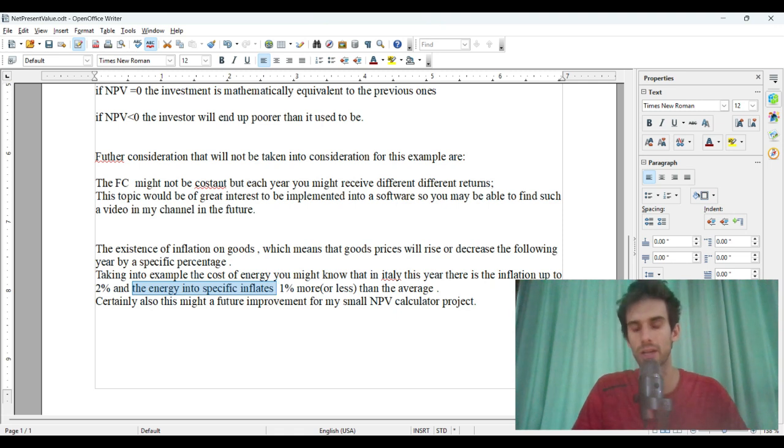So the software will understand that there is an inflation of 2%, so the energy cost the next year will be 2% higher, and it will also calculate the derive and combine it with the inflation and say, okay, actually the energy next year will cost 3% more or 1% more, something like this.